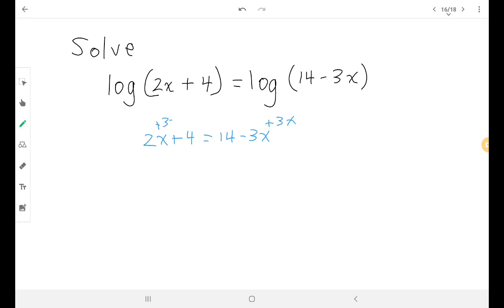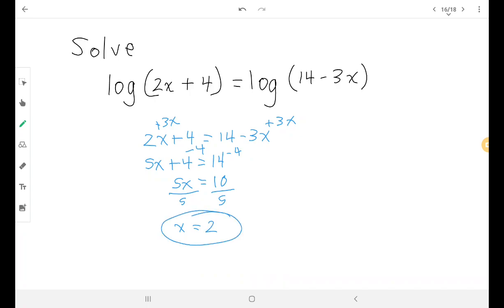Add 3x to both sides to get all the x's on the same side. I'll subtract 4 on both sides and have 5x equals 10. Divide by 5 and have x equals 2.